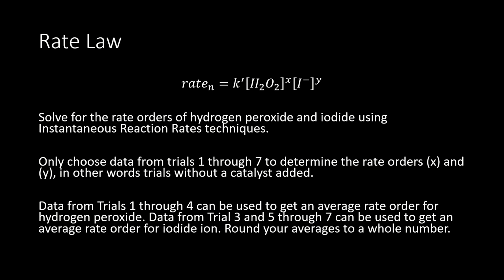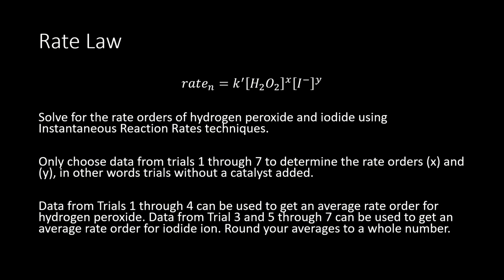And as with any rate law for instantaneous reaction rates, each reactant is going to have some rate order. So our general equation right now is the rate of a particular trial equals that rate constant k prime multiplied by the concentration of hydrogen peroxide raised to X times iodide anion concentration raised to Y.